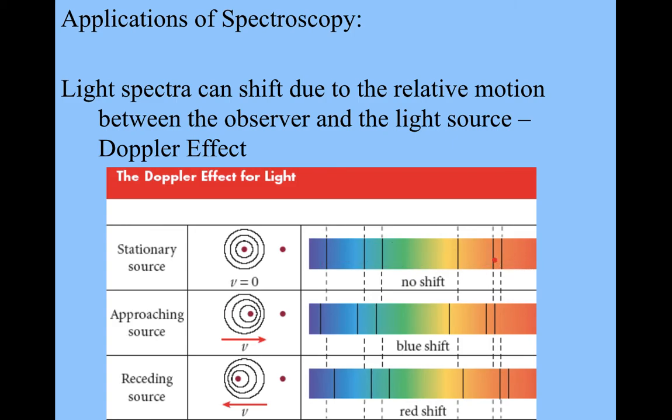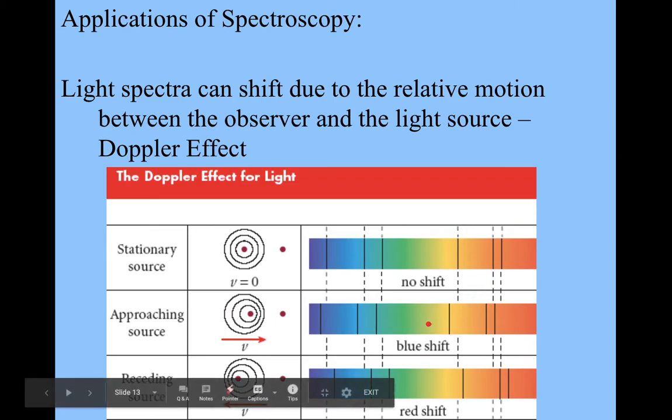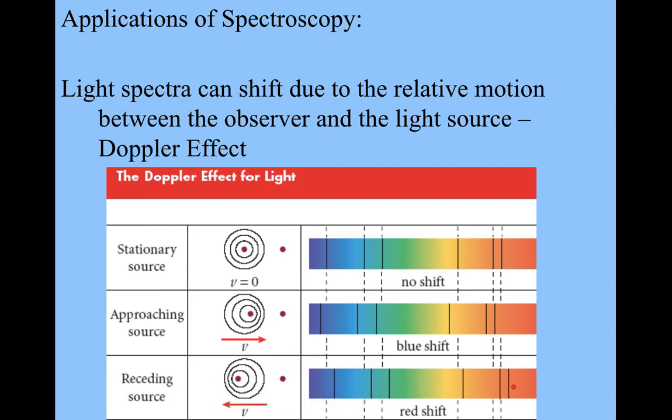But as the star got closer to us, every one of these lines shifted over towards the blue end. That's what we call blue shift. And as it went away from us, all these lines moved to the red end. This is red shift. And again, we know that most of the light that's coming to us from space is redshifted light, which is evidence that the universe is indeed expanding.